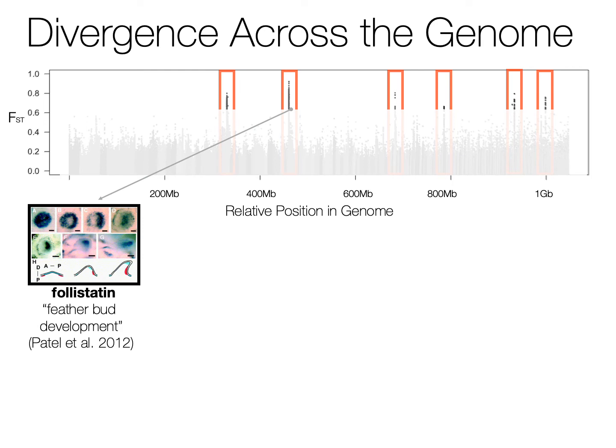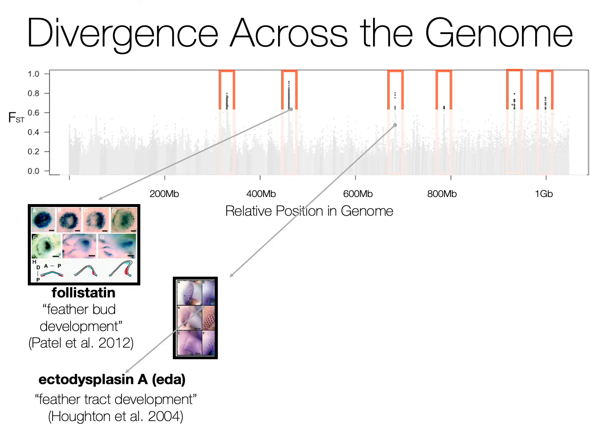We'll zoom in on each of these peaks and talk a bit about what's around them. This first one is directly upstream of follistatin, which is a gene involved in feather bud development. And in the picture here, wherever it's dark, that's where follistatin is being expressed during feather bud development. This divergent region is directly upstream of ectodysplasin A, or EDA, which is involved in feather tract development and perhaps more famously known for its involvement in three-spine stickleback lateral plate morphology.